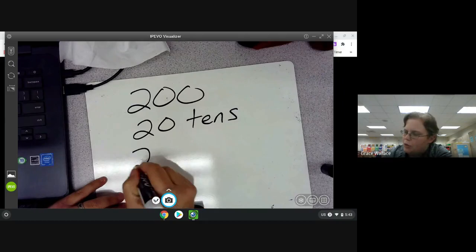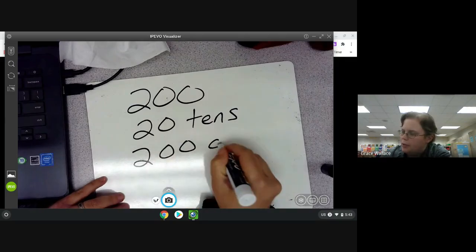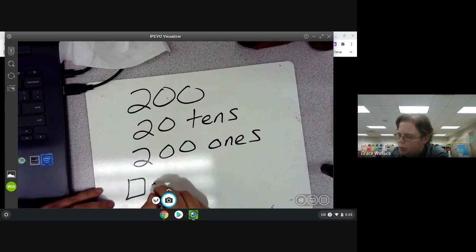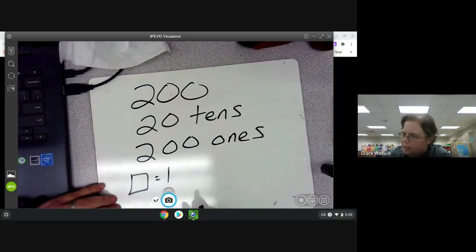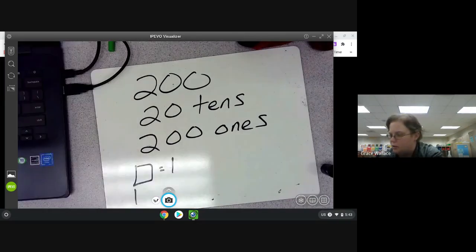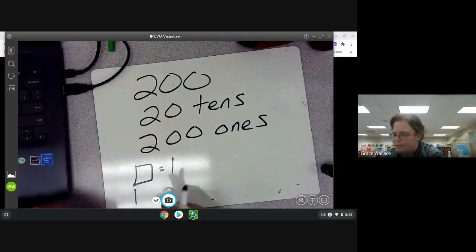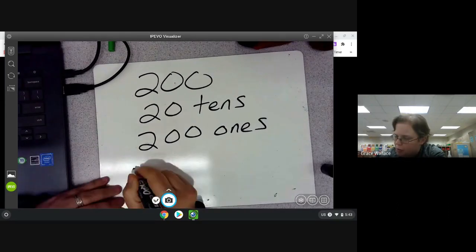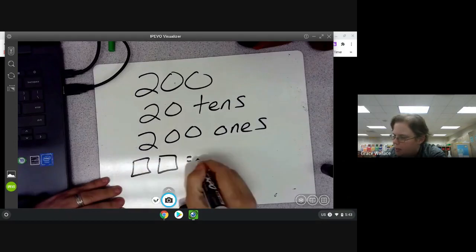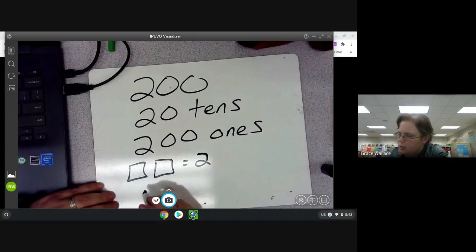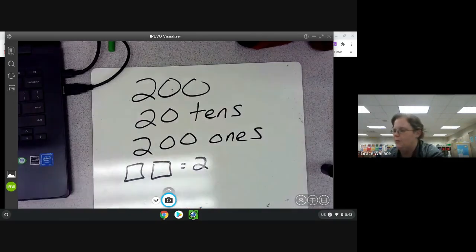And I have 200 ones because 200 is the same thing as 20 tens. Sorry, that's why I was messing up. 200 is the same as 20 tens.